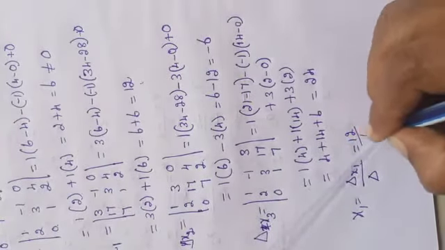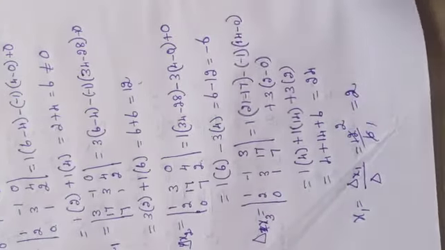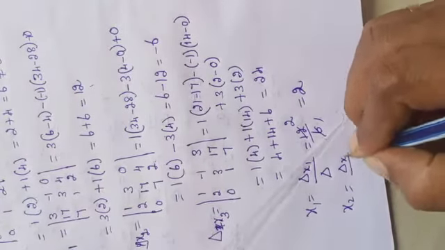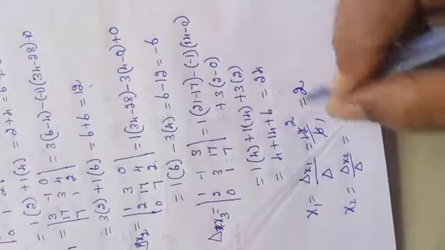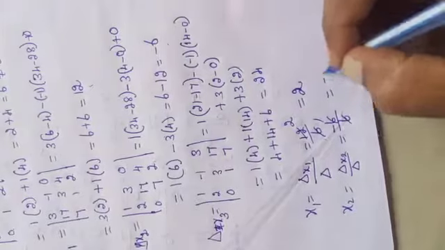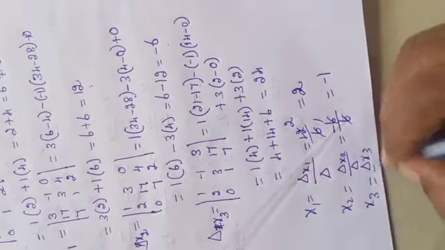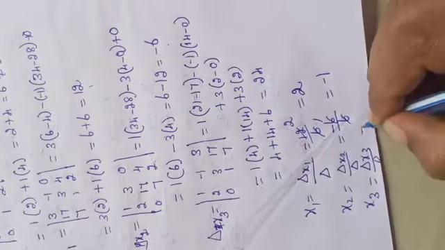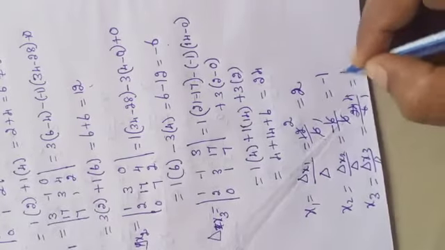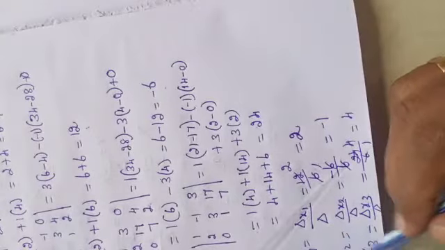So 12 divided by 6, so x1 is equal to 2. Then x2 is equal to delta x2 by delta. Delta x2 we have got as minus 6. Minus 6 by 6 is equal to minus 1. Then x3 is equal to delta x3 by delta. That is 24 by 6. We know 6 fours are 24. Therefore, we have got the answer for x1, x2, x3.